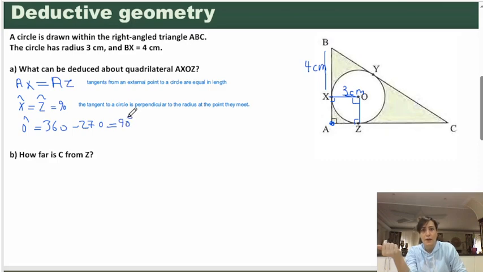Okay, I got here the angle O equals 90 as well. So I have two kinds of quadrilateral. All the interior angles of this quadrilateral are 90 degrees. There is a rectangle and a square.